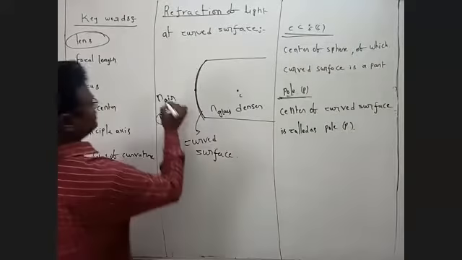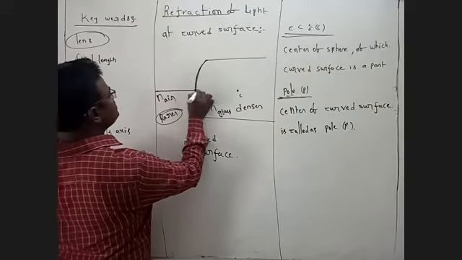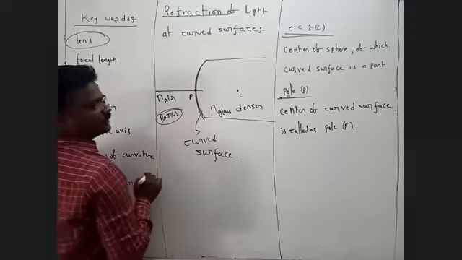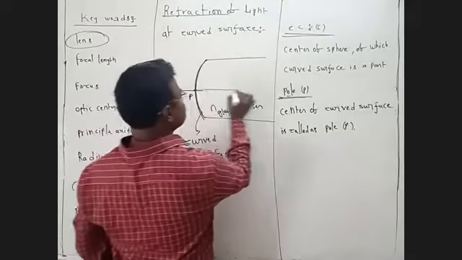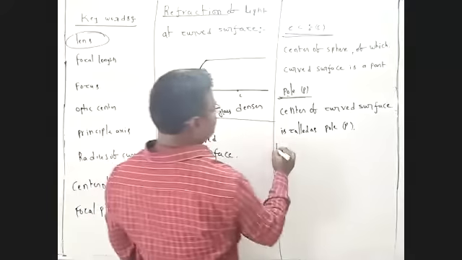Next, a straight line. The line that joins the pole and the center of curvature is called the principal axis.